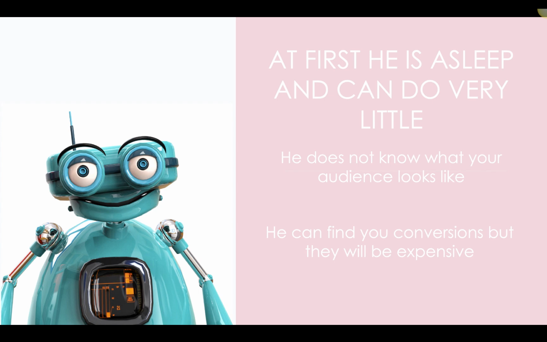When you ask your robot, your artificial intelligence robot, to go and get you conversions, if the robot doesn't even know what your ideal customer looks like who's going to engage with you, the robot is going to struggle. The algorithm will struggle to find the right people, and you will end up paying much more for your leads than you should be paying.